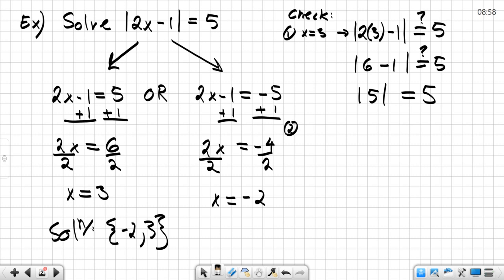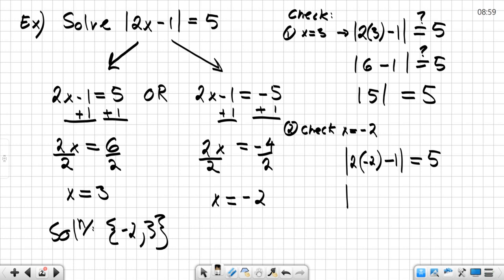Now, if I check the second number, x was, what was the other solution? Negative 2. I'm going to be doing the same thing. I plug this in. I had 2 times a negative 2 minus 1, and I want to see whether this really is positive 5.